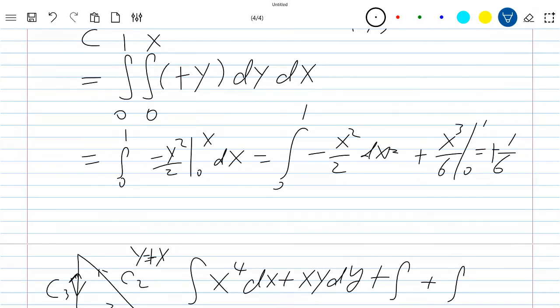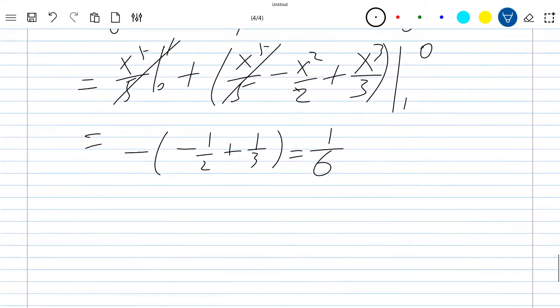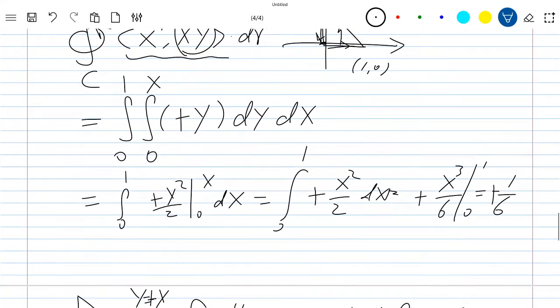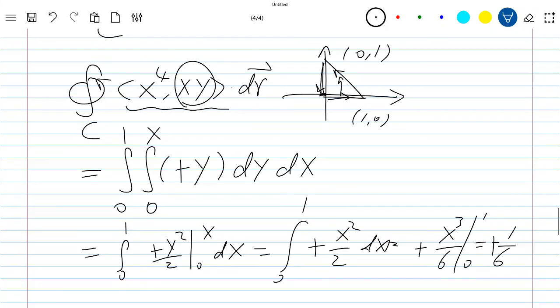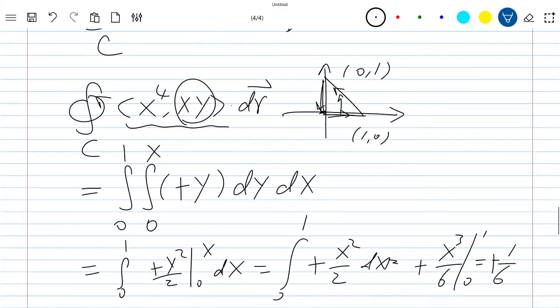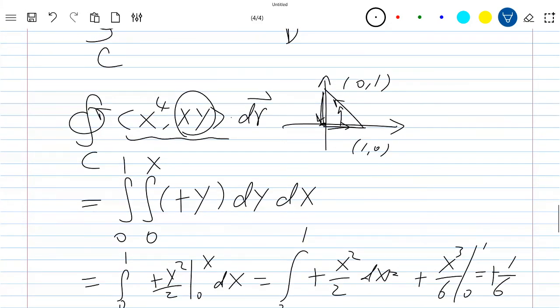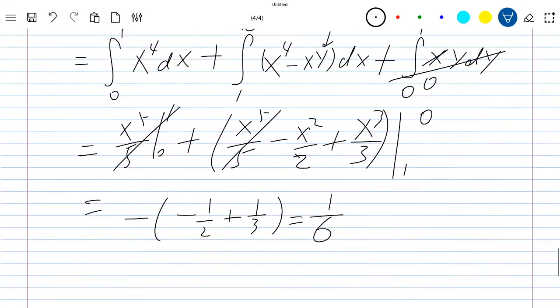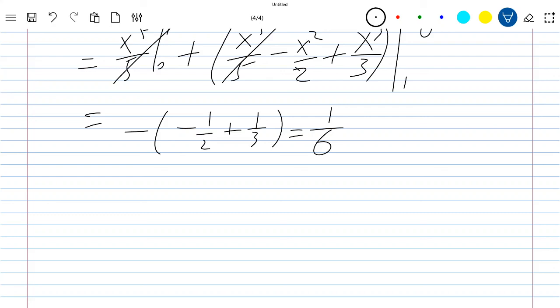Okay, plus. Everything's plus. Okay, so it's part of 1/6. Okay, but anyway, the idea is you can use Green's theorem to change to a double integral, and sometimes, for example here, the double integral could be easier, right? Okay, let's see one more example.